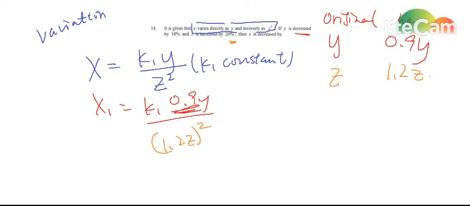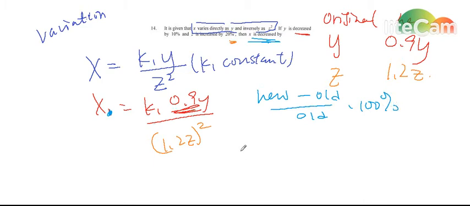and we need to find the percentage change of our x. So we can use the percentage formula: the new data minus the old data, and then over the old data, and multiply 100%. So for the new data, this is our x1.